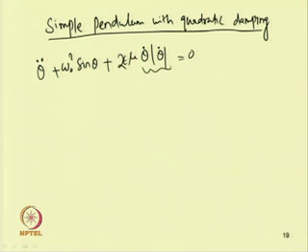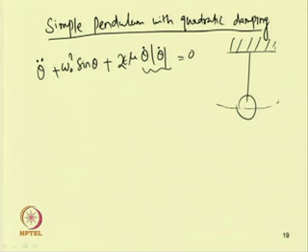So, if the damping is considered to be quadratic in the simple pendulum motion, let us see what the response will be. This is the equation of motion in this case, where theta is the motion of the pendulum.